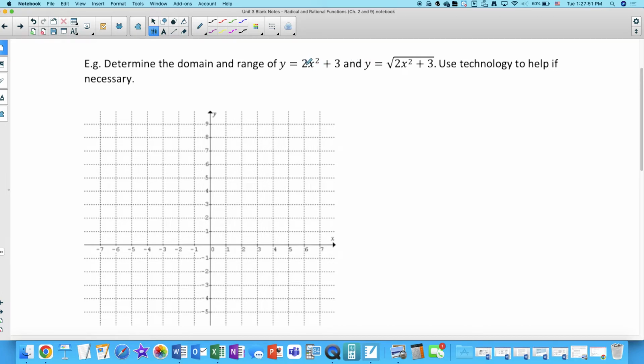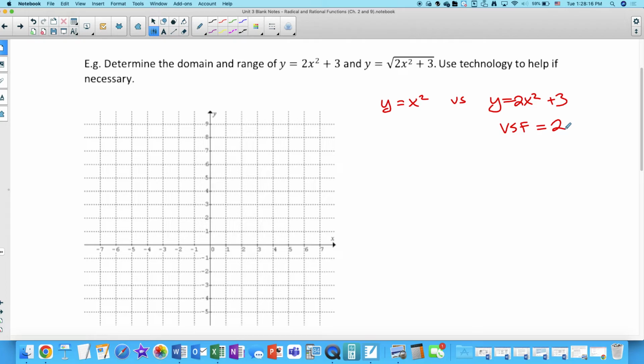Y equals 2x squared plus 3. Y equals x squared, yeah. So if we look at y equals x squared versus y equals 2x squared plus 3, what transformations have we applied? Vertical stretch of 2.